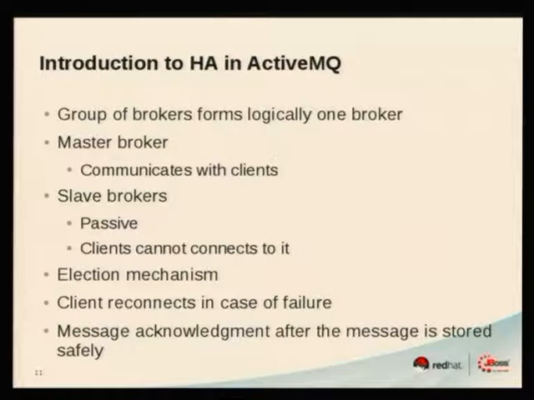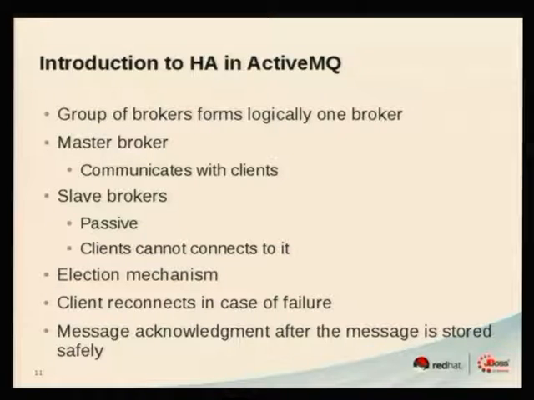First, I will mention some basic concepts which are involved in all mechanisms, and then I will go through all the mechanisms one by one and tell you about their advantages and disadvantages. So in every high availability scenario, you deploy more brokers, which logically form only one broker.